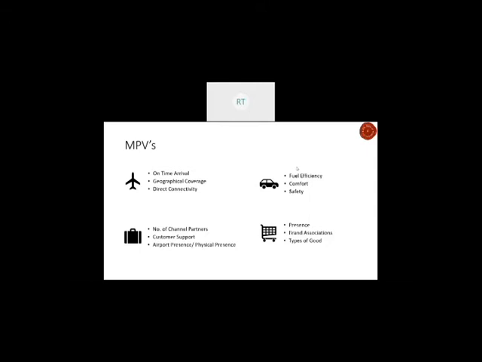And then we try to understand that from the perspective of the guy who's purchasing it, what is it that's driving his purchase decision. So we say that MPV is something that has to be discovered over a period of time.